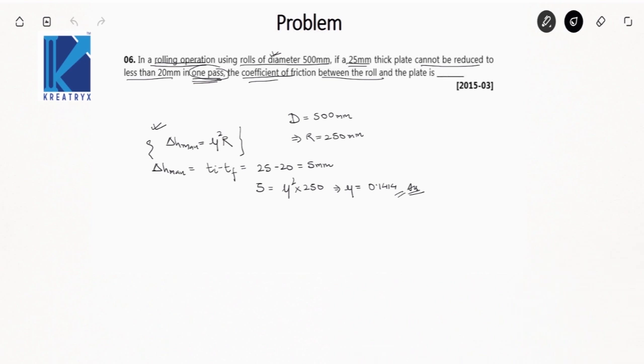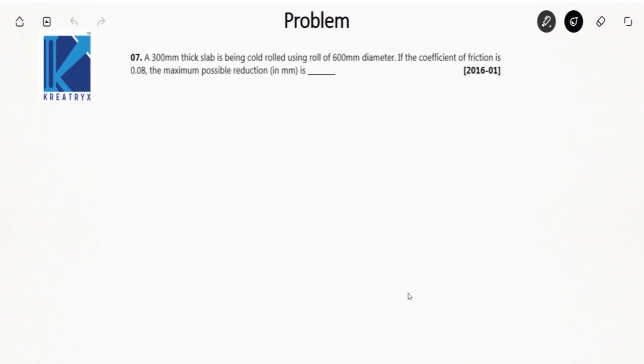Now going to the next question. In this question they have mentioned that a 300 mm thick slab is being cold rolled. Again this is a question of rolling, and the roll is of diameter 600 mm. So our initial thickness is 300 mm. The dia of roll is 600 mm; I am converting it into radius of roll, which is 300 mm.